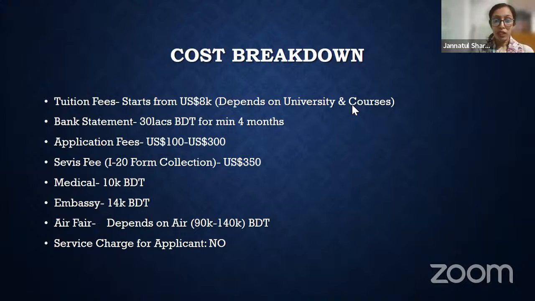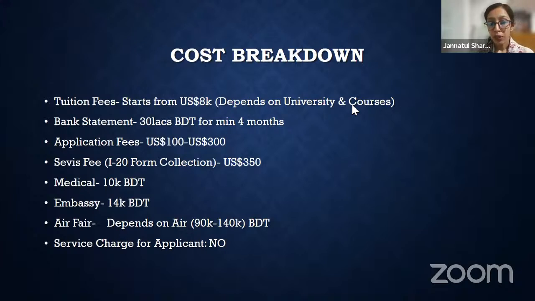The application fee is also required to apply at USA universities. Some universities are offering no application fee for applying, and some universities charge some fees to apply. The starting range is $100 to $300.